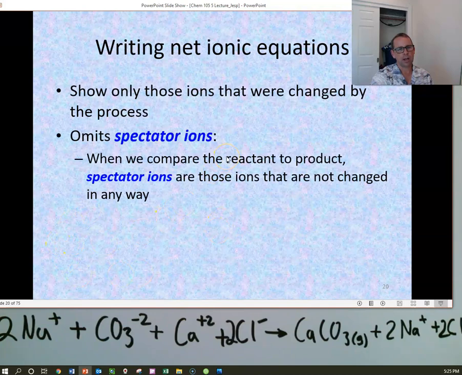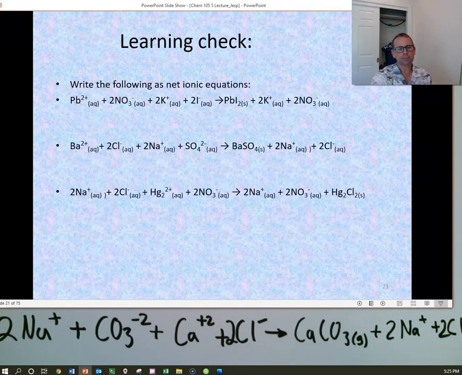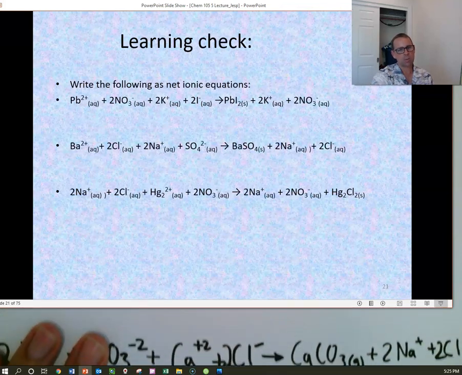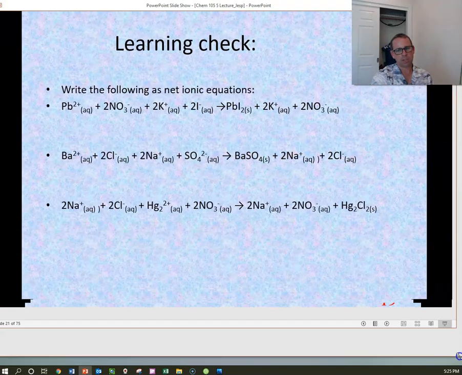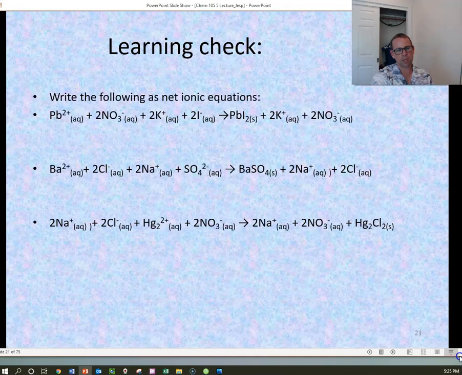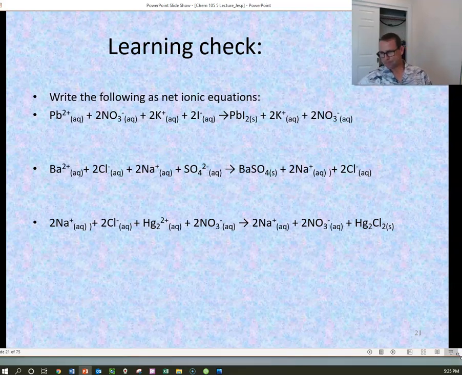Very good. And that's what this next problem does. We start this time with ionic equations, and we try to identify the spectator ions that we need to get rid of to go from the ionic equation to the net ionic equation. All right, so what do you think?